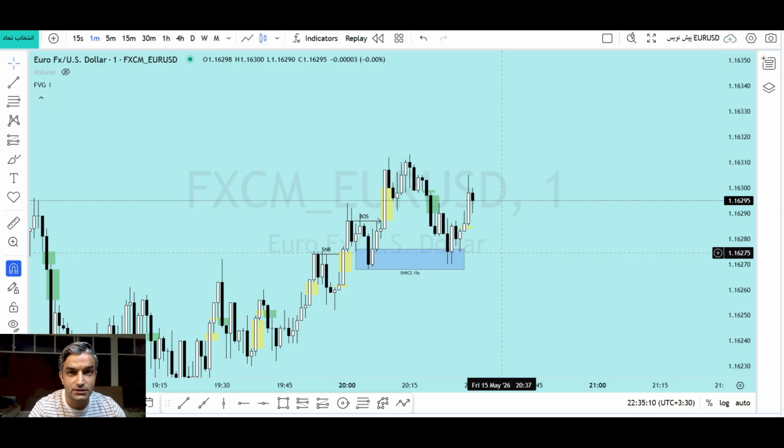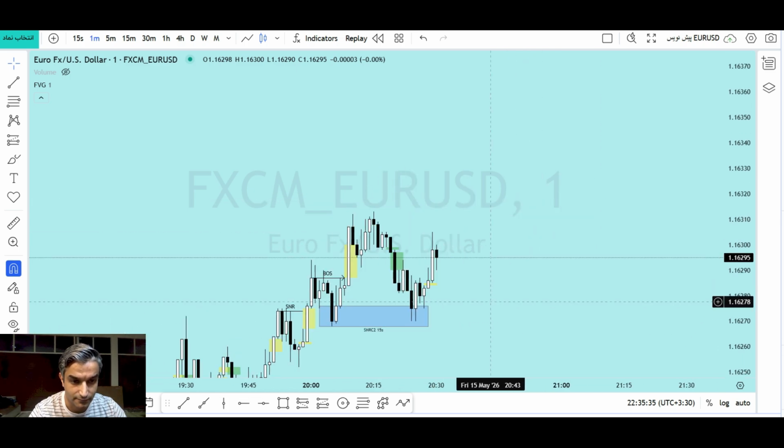There is something different between SNRC1 and SNRC2. In SNRC1 we just have an order block, but in SNRC2 we have some candles, not just one or two candles in the line of the SNR. Let me explain it.